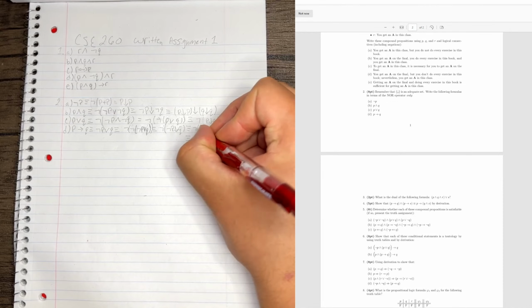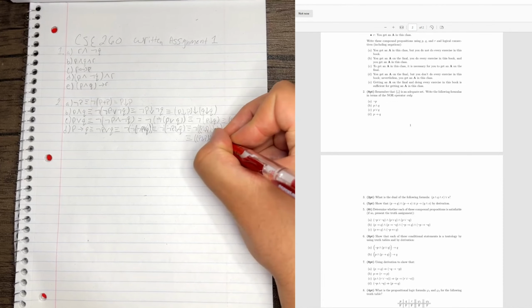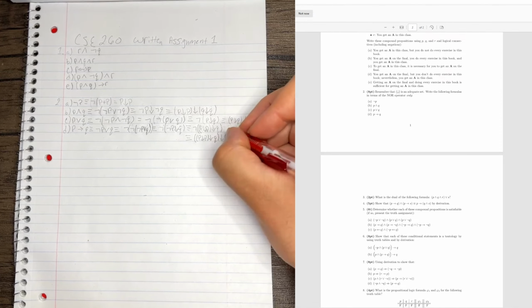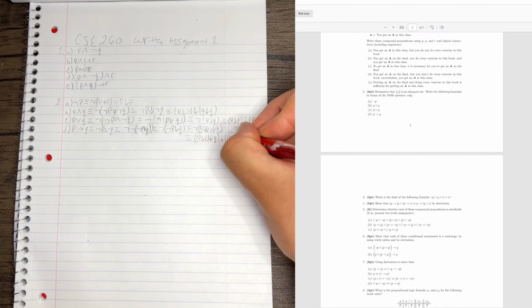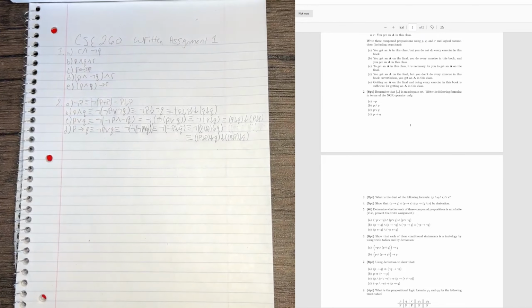P, close, nor, Q, close, nor, open, P, nor, P, close, nor, Q, close. And that is that, I believe, at least. Cool. And that's it for number 2.